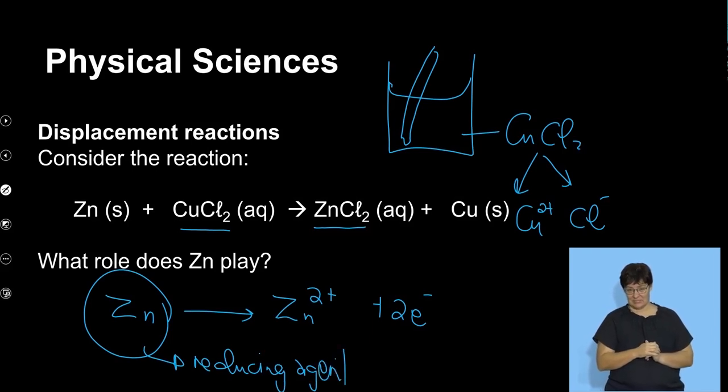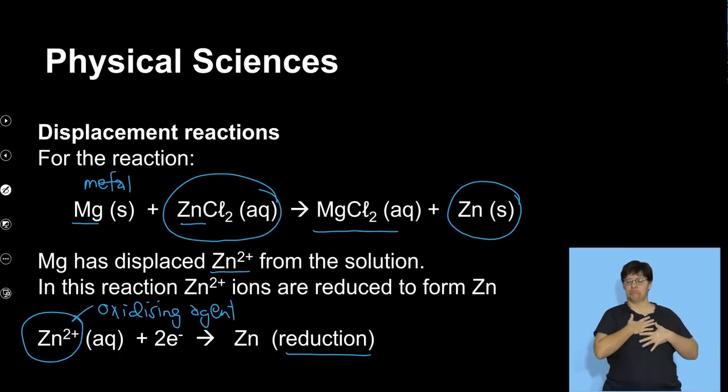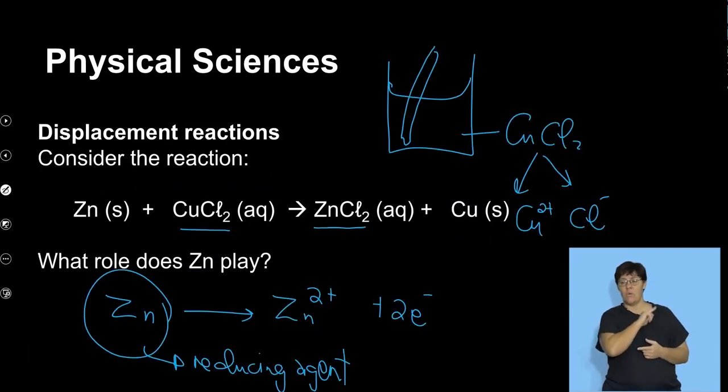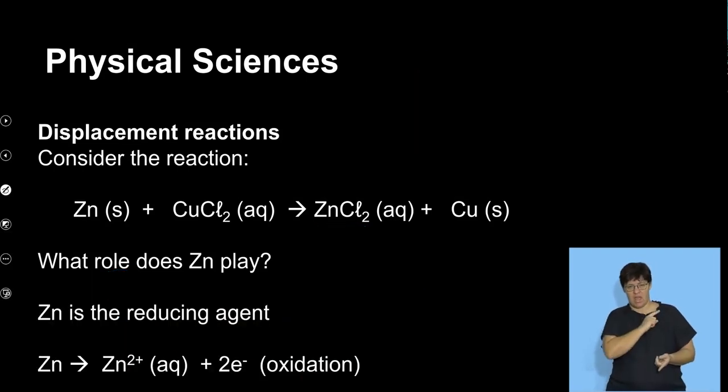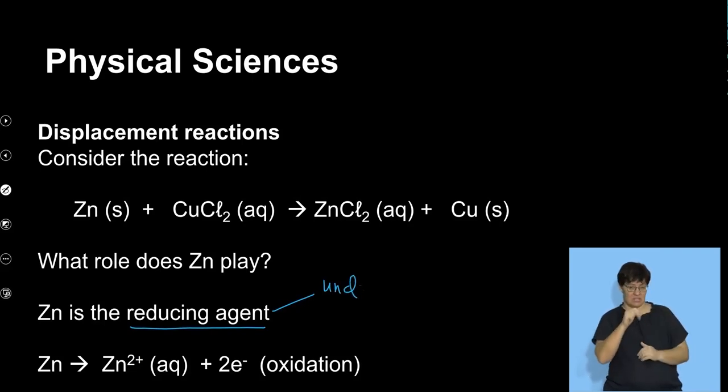Because zinc undergoes oxidation, it is more willing to lose electrons than copper. That's why zinc is able to displace copper in solution. So it is a reducing agent, because it undergoes oxidation.